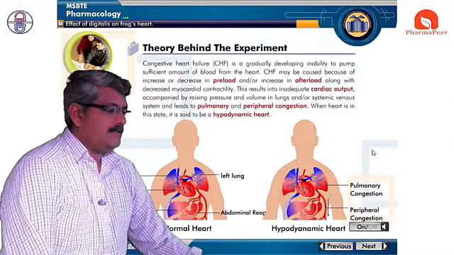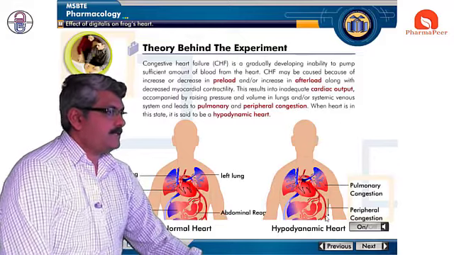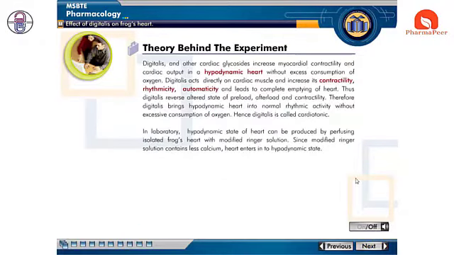Now let's see the next point of this slide. Digitalis, like other cardiac glycosides, increases myocardial contractility and cardiac output in a hypodynamic heart without excess consumption of oxygen. Digitalis acts directly on cardiac muscle and increases its contractility, rhythmicity, and automaticity, and leads to complete emptying of the heart.